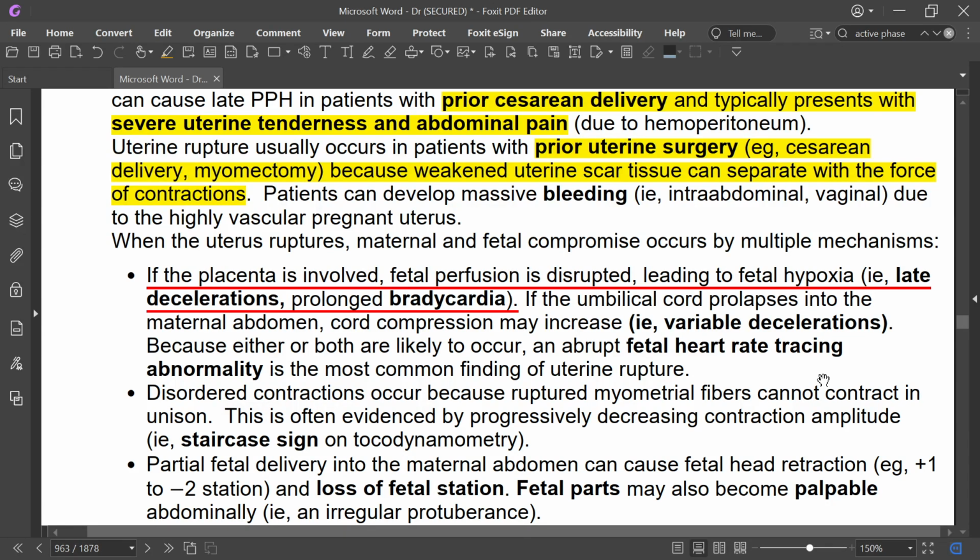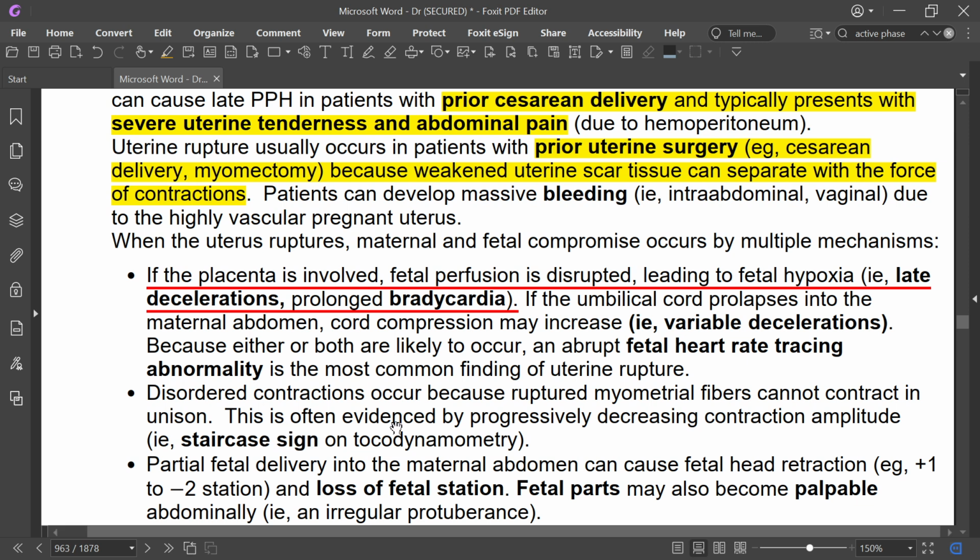An abrupt fetal heart rate tracing abnormality is the most common finding of uterine rupture. Disordered contraction occurs because the ruptured myometrial fibers cannot contract in unison.